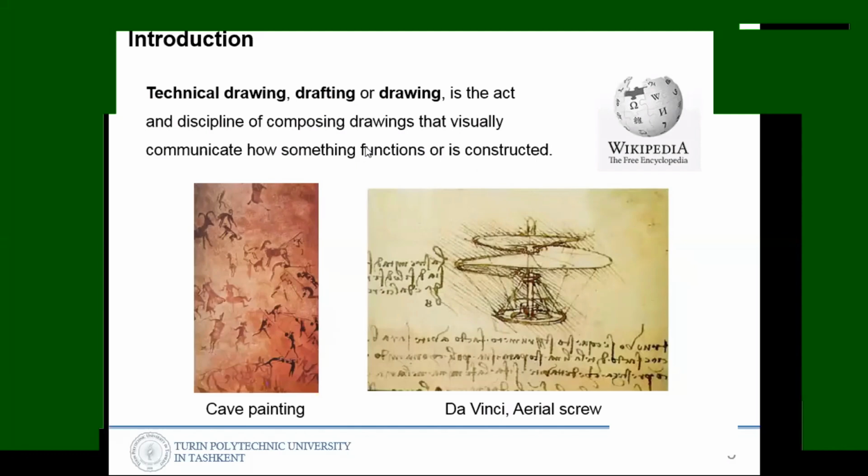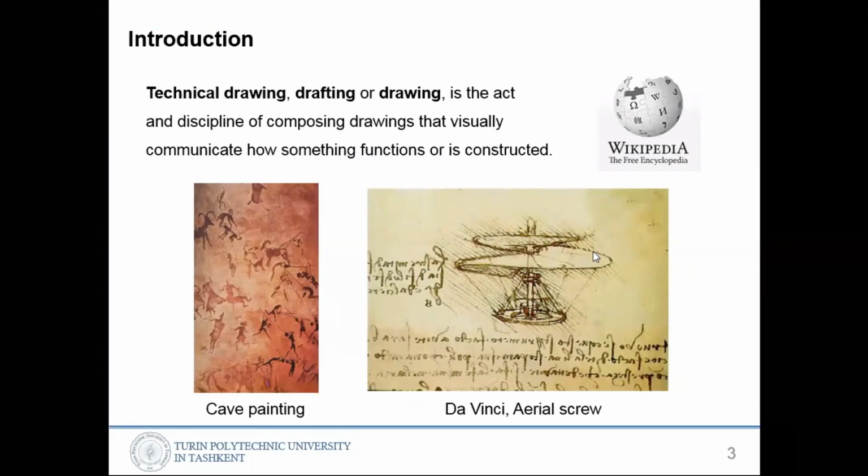There are two things: how something functions, and second, how some product or some vehicle is constructed. If you see this information, that will be a technical drawing. Okay, that will be drafting, that will be a drawing.